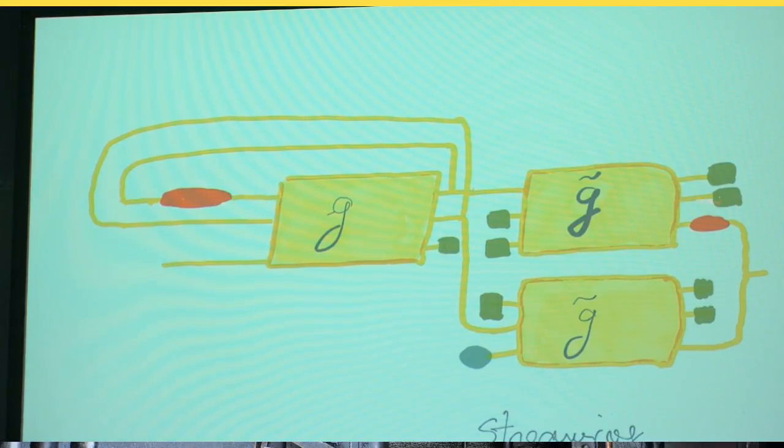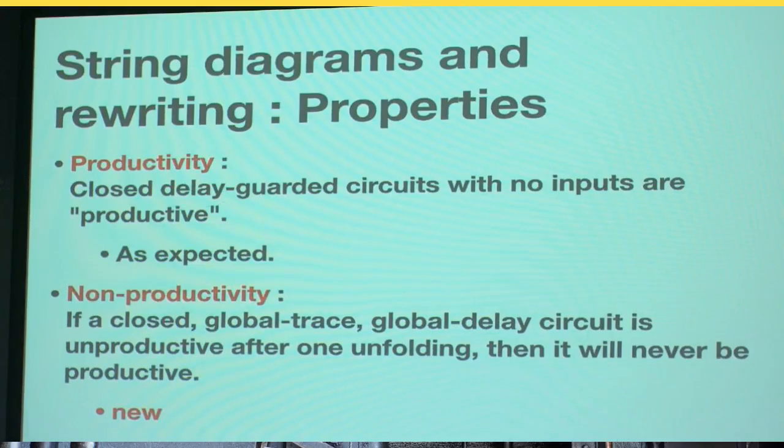So we can push these input values through, and we can also push these ignored outputs in, so that these two circuits can then be simplified. And in the simplification, you can have two situations. You can have a simplification which is productive, or you can have a simplification which is not productive.